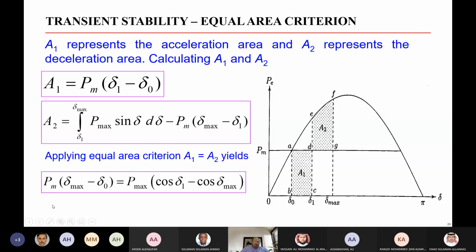So what is known, what is unknown in this? The Pm is known, the delta max is unknown. Delta 0, the P max, the delta 1 should be known.